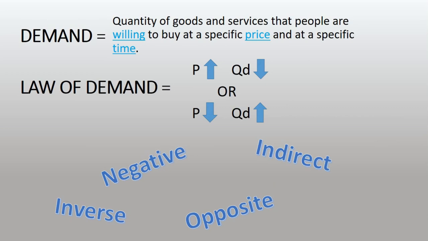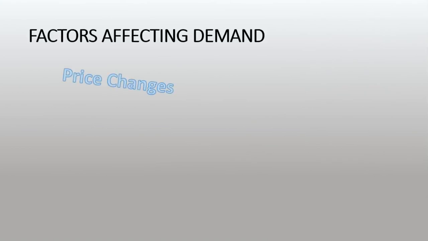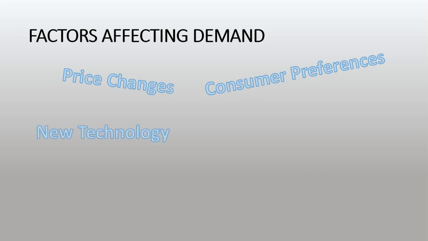It is also important to note that there are different factors which can change your quantity demanded for goods. Some of these factors which affect demand might include price changes, where your supplier might need to increase prices because they are running low on stock, consumer preferences, where people might be changing the things that they like or prefer, and new technologies making it easier for people to get their hands on products, if we use Takealot as an example of new technologies.